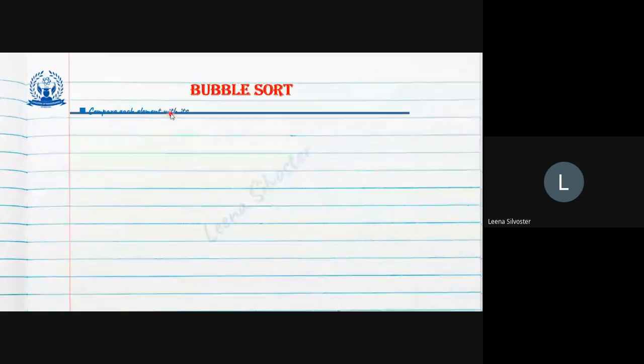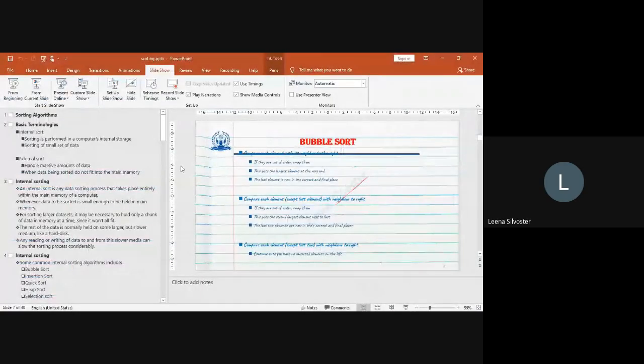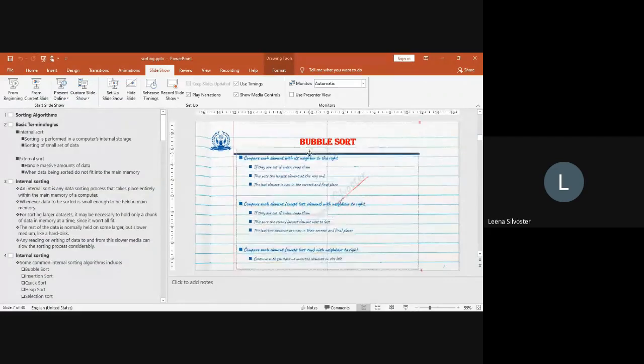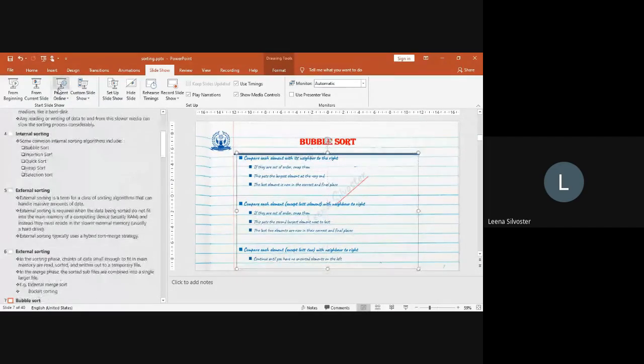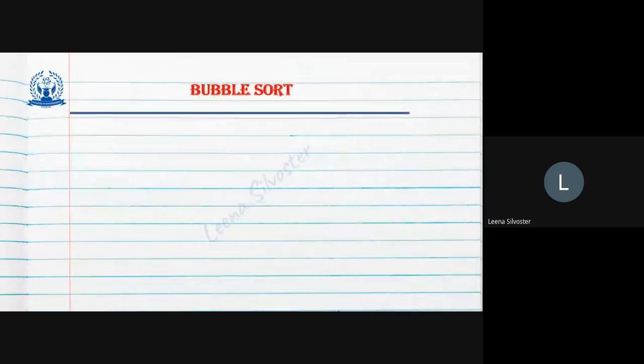The simplest sorting method is bubble sort. You have to compare each element with its neighbor to the right.